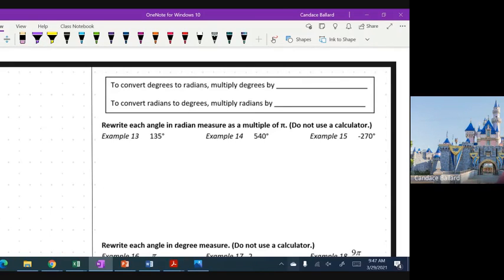All right, so we're going to convert degrees to radians. That means we multiply the degrees by pi over 180, because I want to put radians back in, so I need pi in the numerator. To convert from radians to degrees, we multiply by 180 divided by pi.